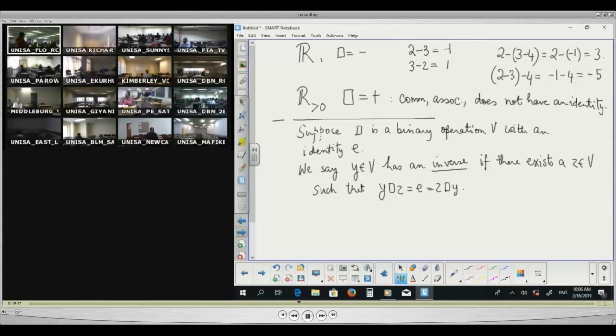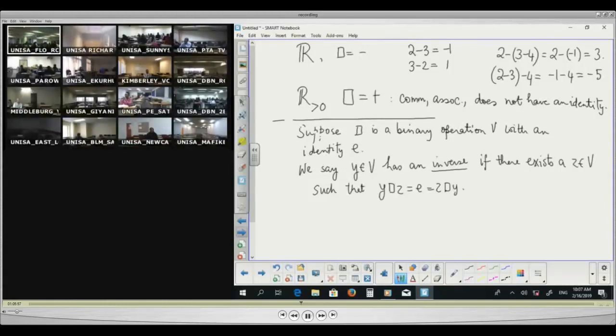Does it? 2, no, it doesn't. 2 minus 0 is 2, but 0 minus 2 is not 2. So it doesn't even have an identity also. Okay? Good. Now, let's have a look over here.